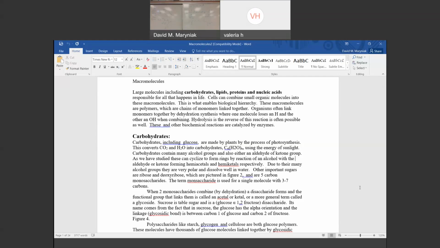Disaccharide would be two monosaccharides linked together, and polysaccharide would be many monosaccharides linked together. So, of course, since this is organic chemistry, are we interested in the structure and how they're linked together? We are.